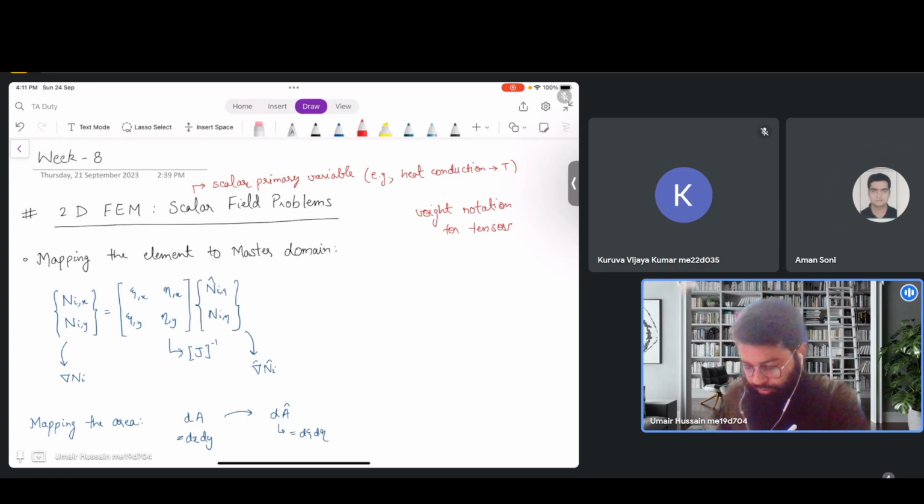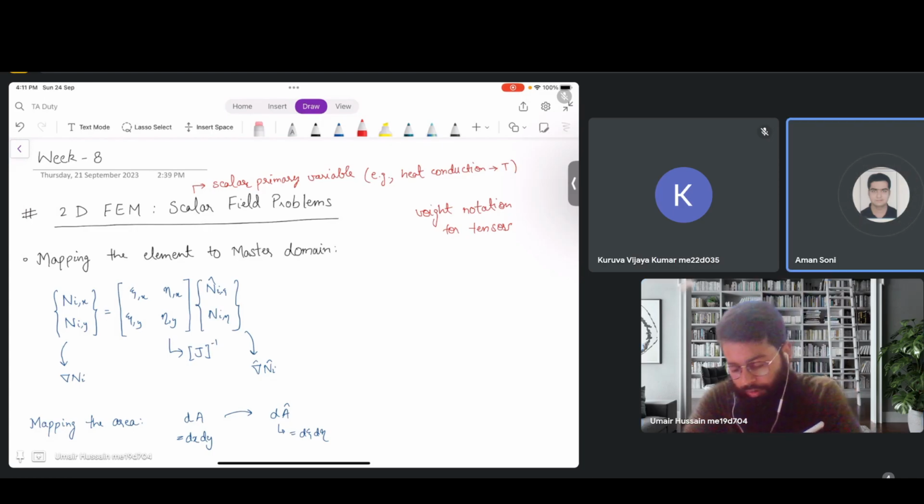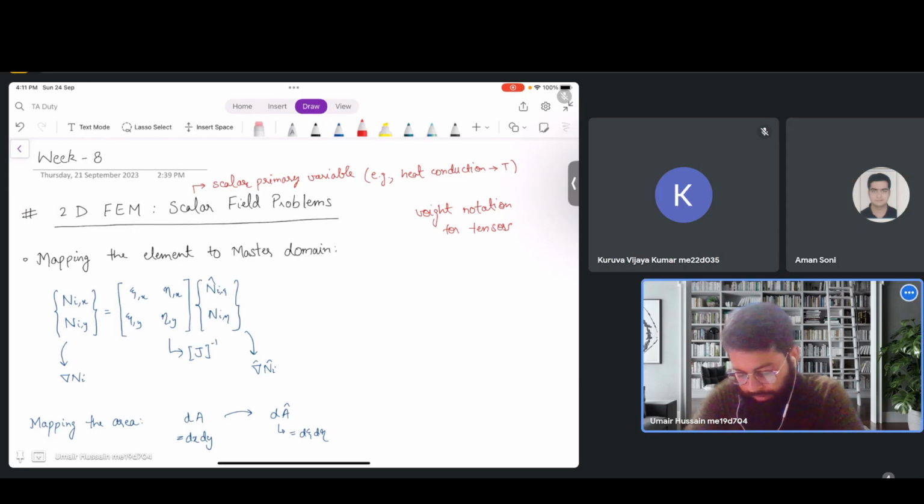Okay. Last time we started with 2D FEM. We started with a discussion on the weak formulation, then the discretization, and then we discussed the triangular elements: how to discretize a 2D domain using triangular elements, and what kind of approximation functions can be used there.